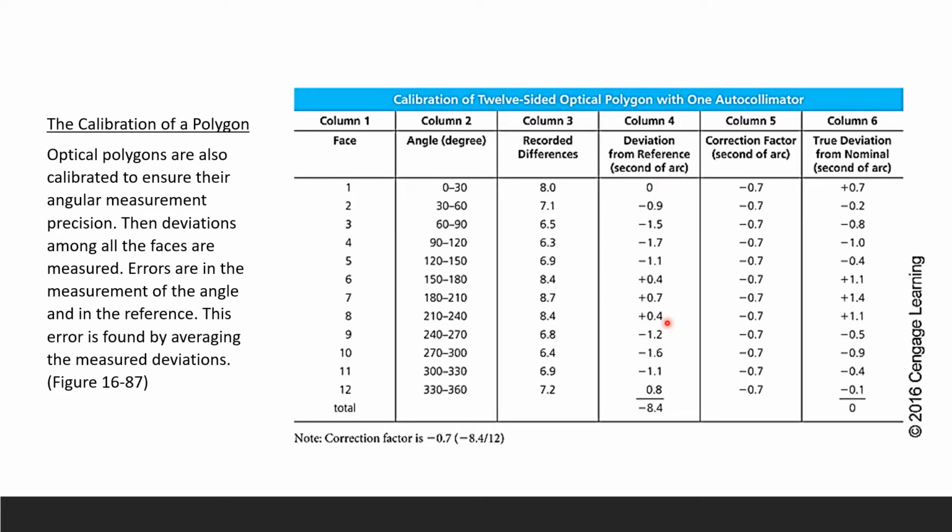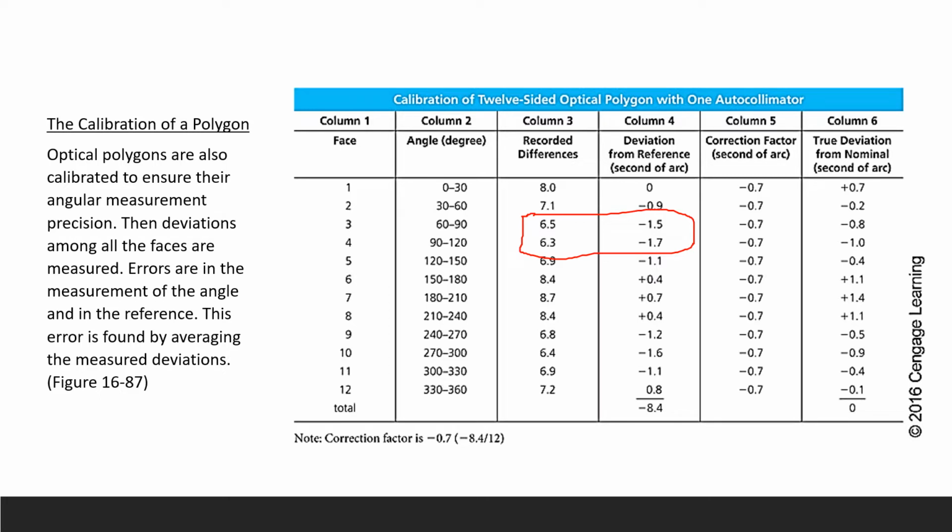For example, let's say 6.5 minus 6.3, and then plus minus 1.5, is going to give you minus 1.7. I'm going to write that down and draw this out for you so you can see an example.